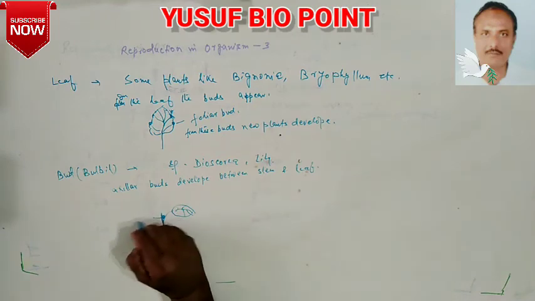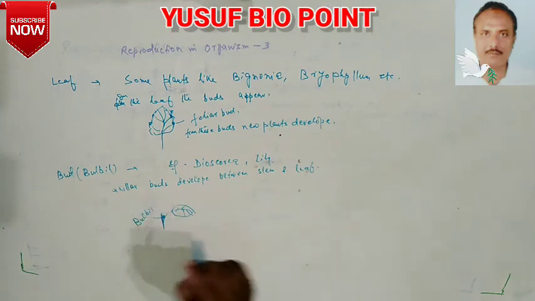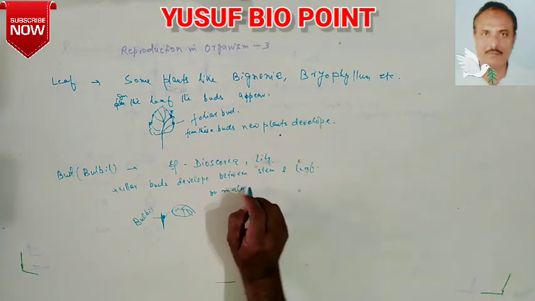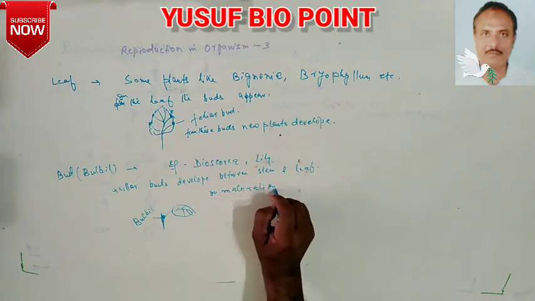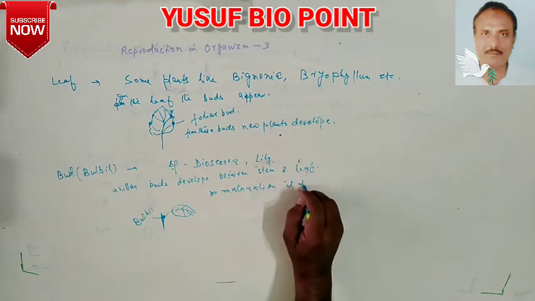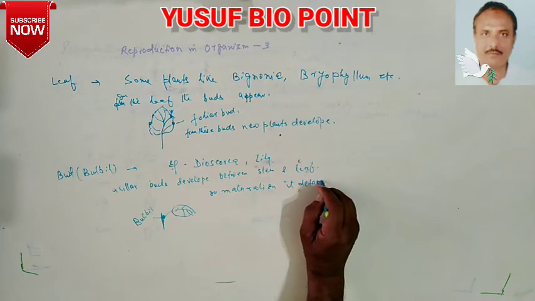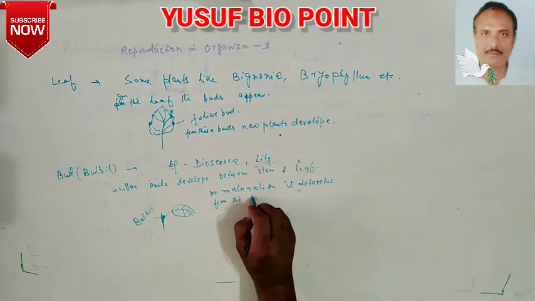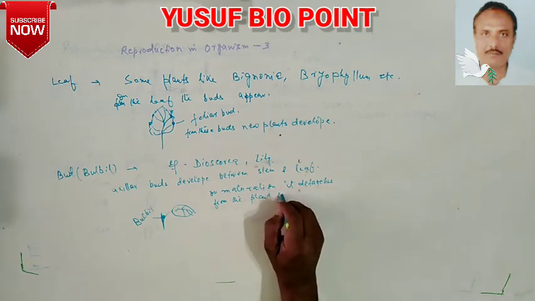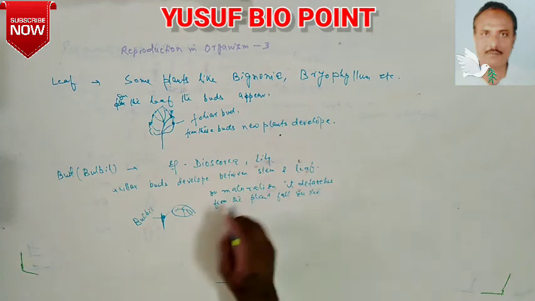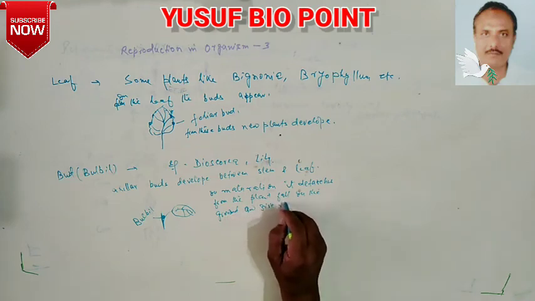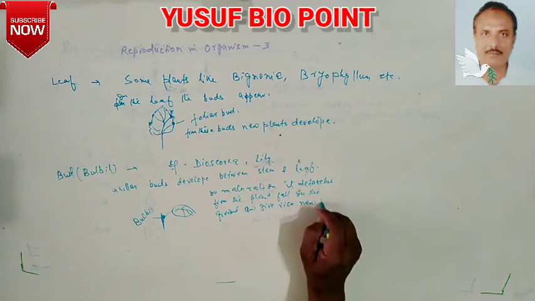This is the bulbil. On maturation, it detaches from the plant, falls on the ground and gives rise to new plants.